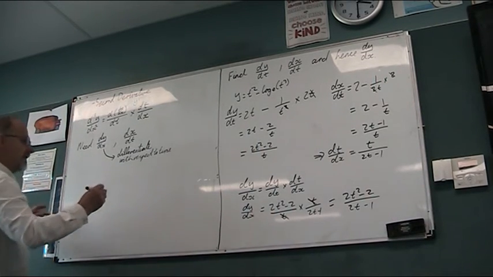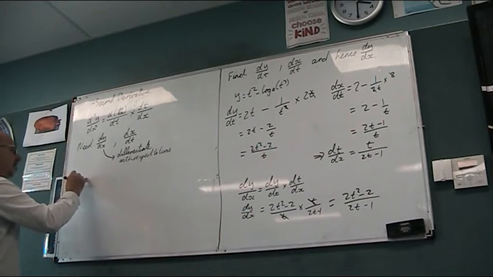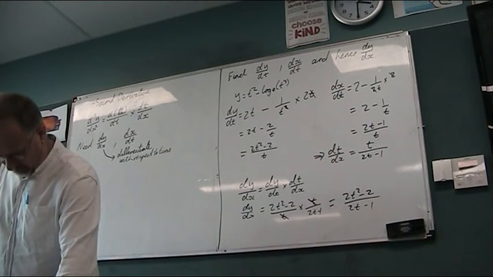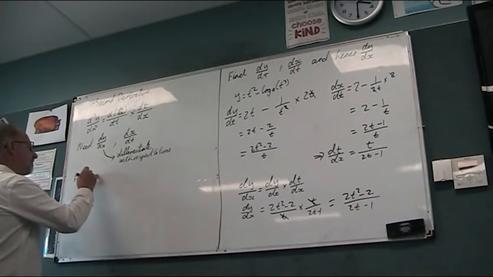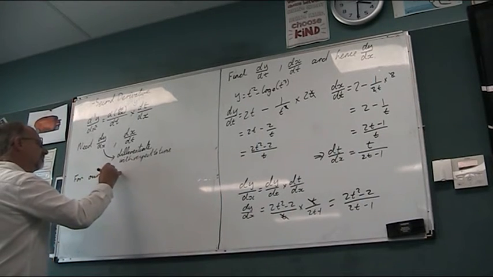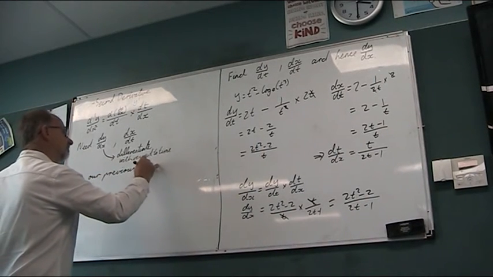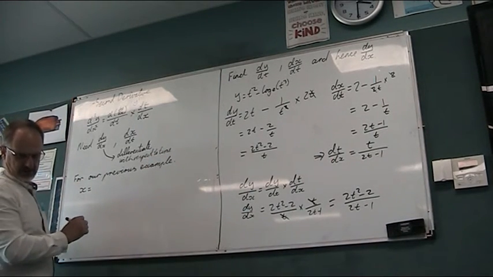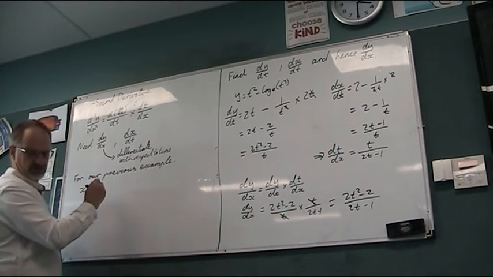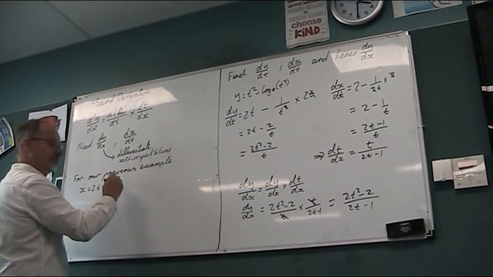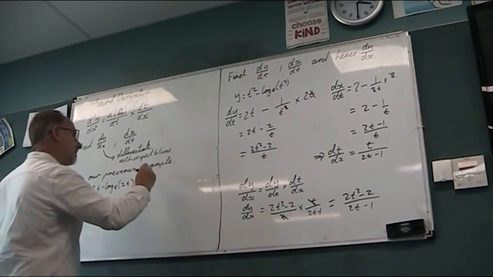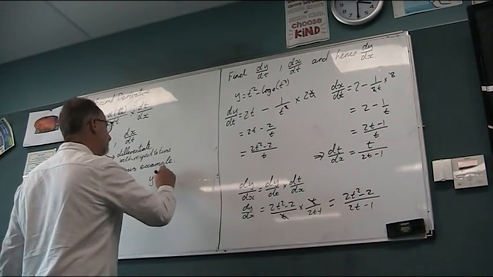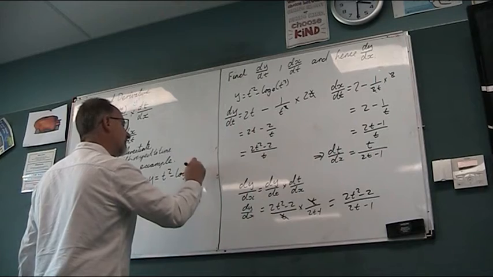So for the example we just had, for our previous example, we had x was 2t minus log to the base e of 2t, and we know that y was t squared minus log to the base e of t squared.